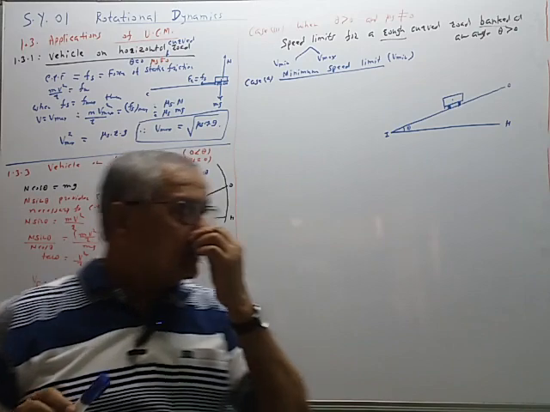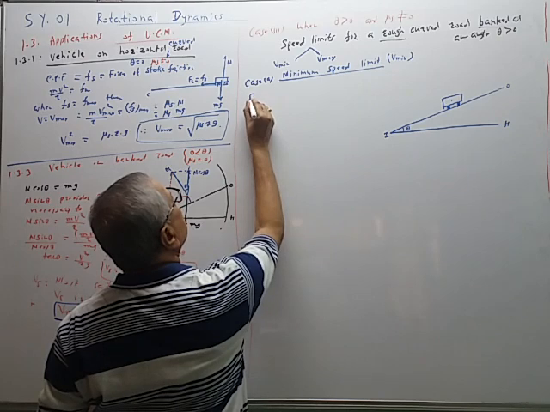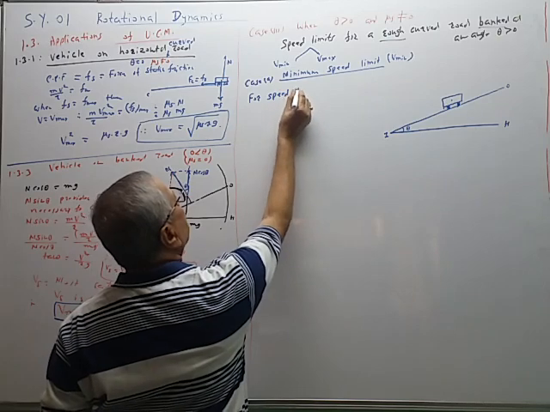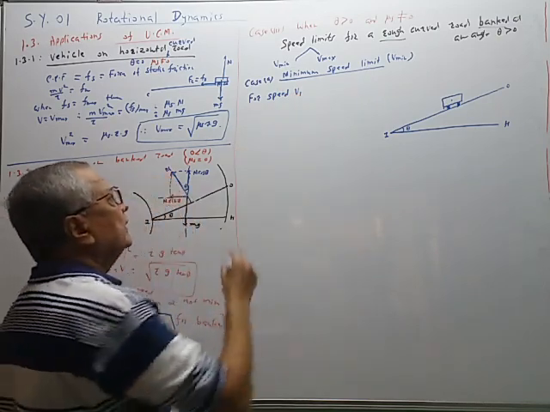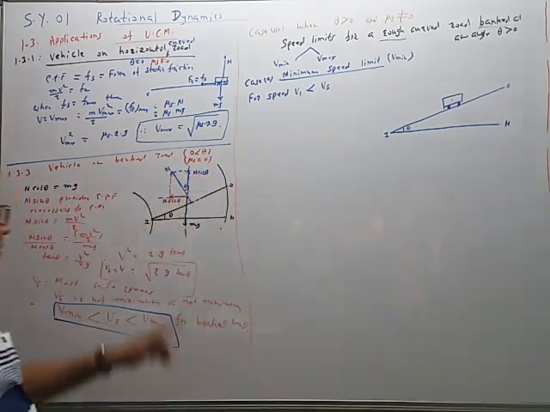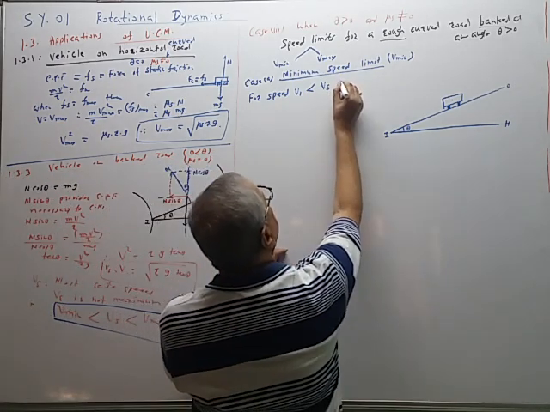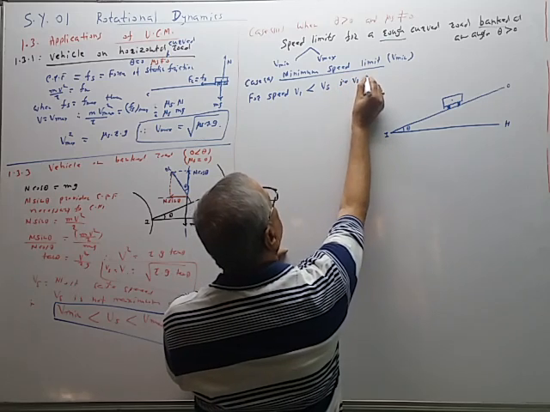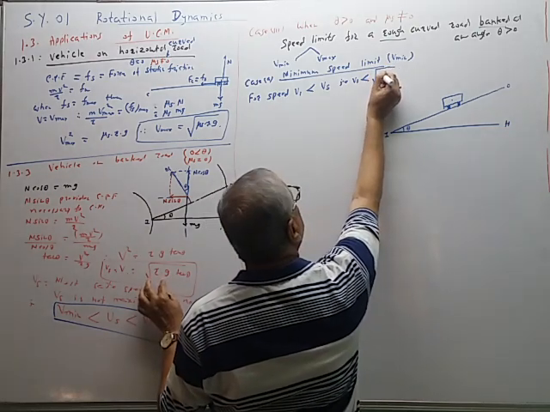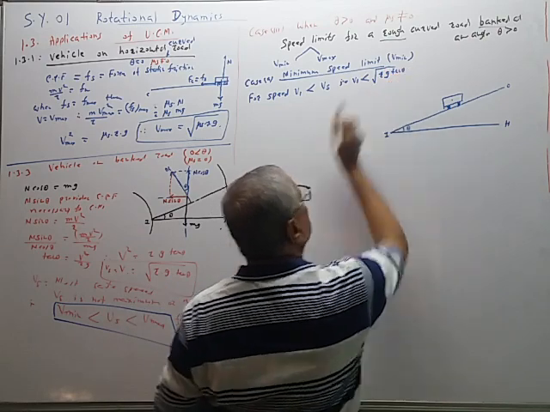So in this case, let us take the speed V1 less than Vs. Vs means this most safe speed, that is V1 is less than under root Rg tan theta.